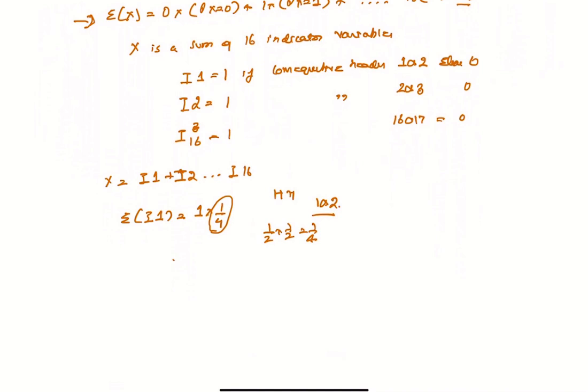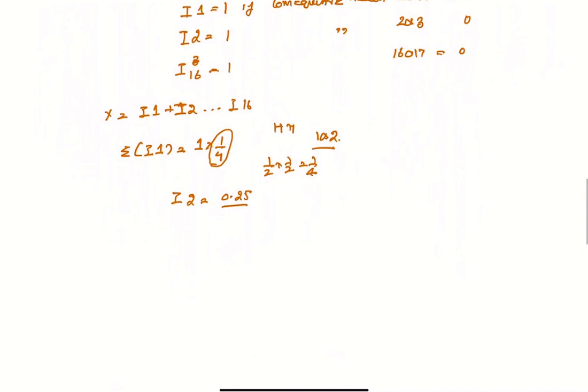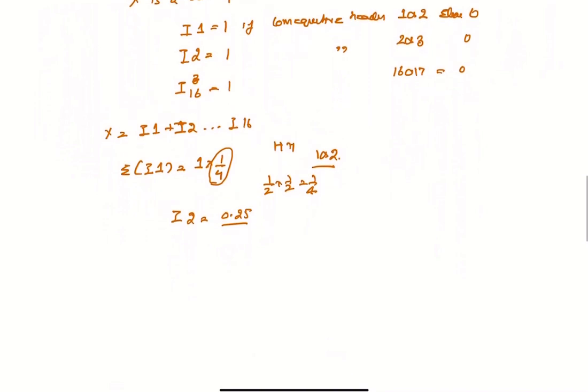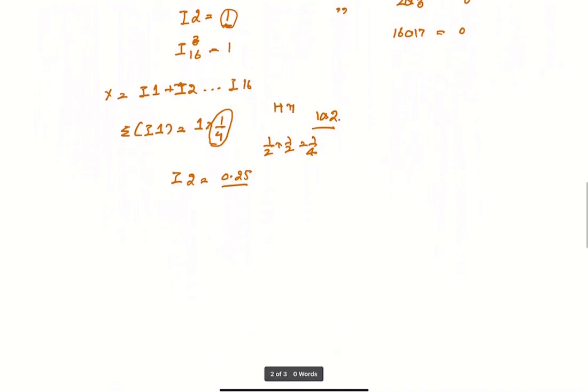Similarly, the expected value of I2 is 0.25, because the value is only 1 at each of the pairs.